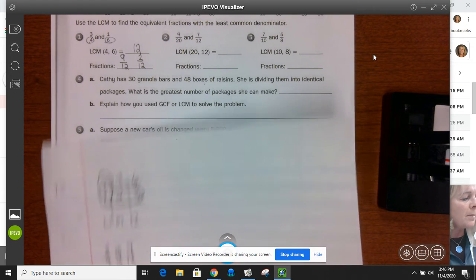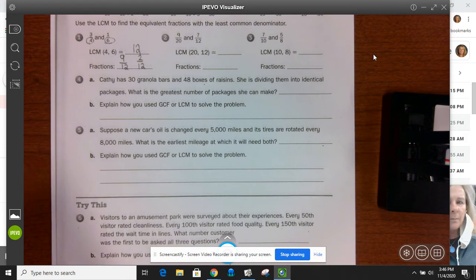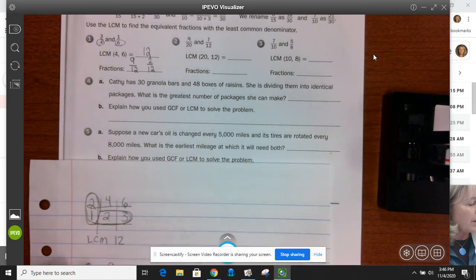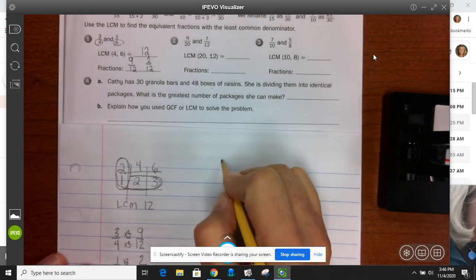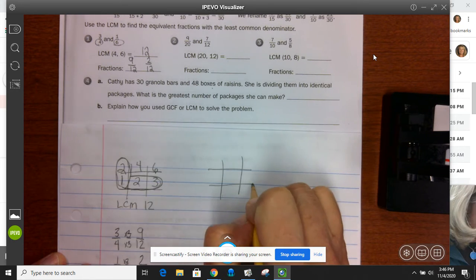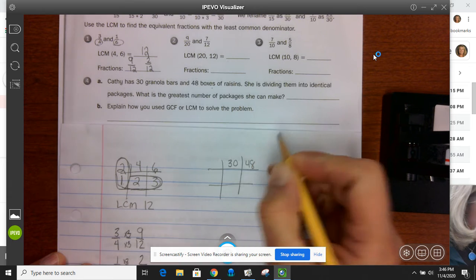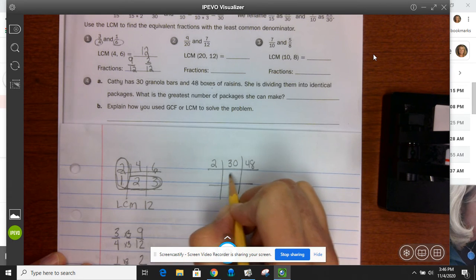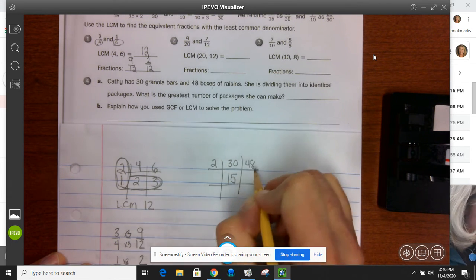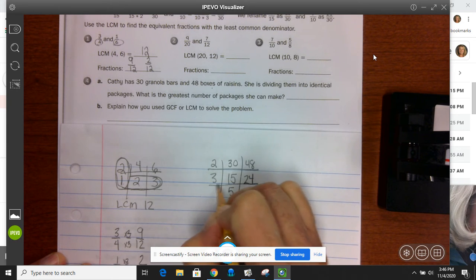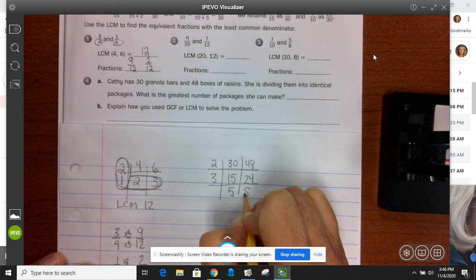To finish the rest of the problems, you have 4 and 5 to complete. I recommend for 4 and 5, you read the problem, you take and solve for the greatest common factor and the least common multiple. So 2, I'm going to divide 2 into both, get 15 and 24. 3 can go into both, you get 5 and 8.